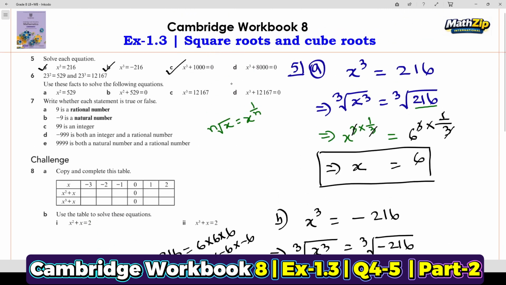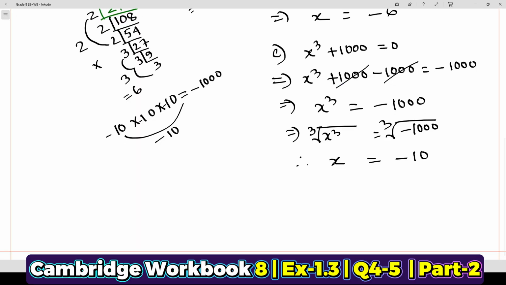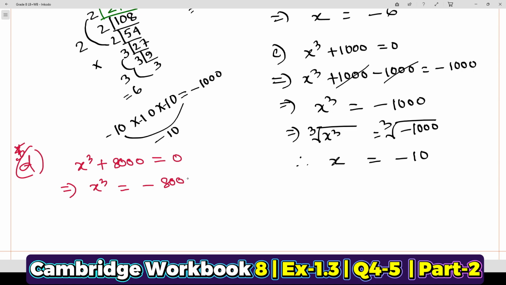So number C done. Now number D, which is x cubed plus 8000 equals 0. Question 5, part D. We subtract 8000 from both sides. So x cubed equals minus 8000. Now the cubic root: x cubed, and minus 8000 also under the cubic root.